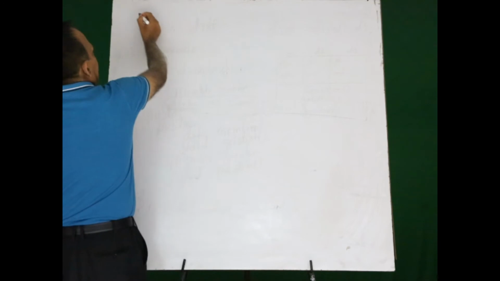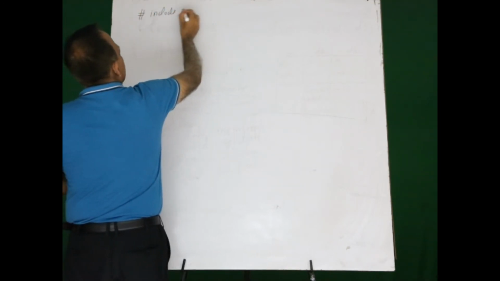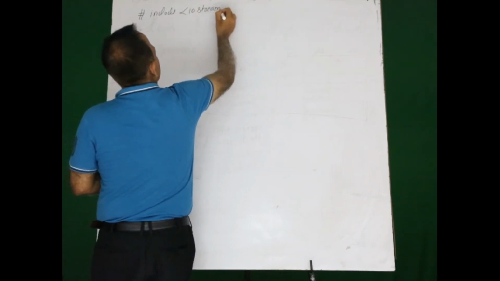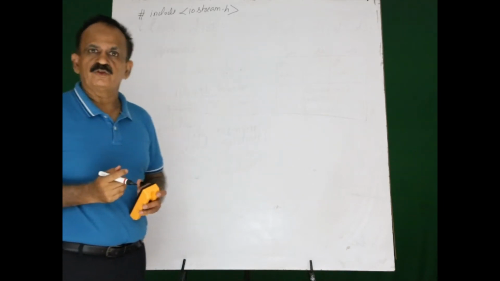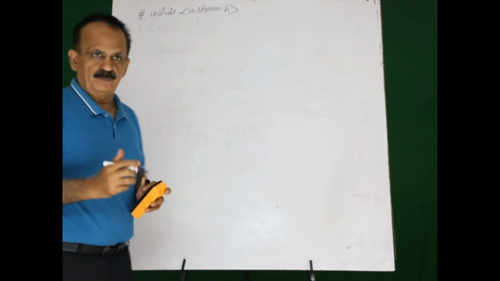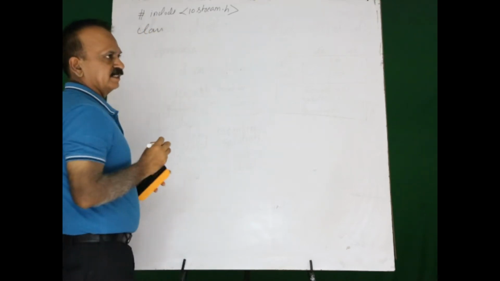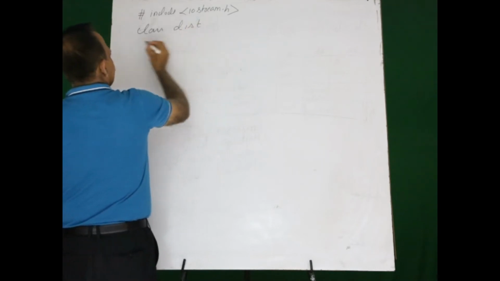Say #include <iostream.h>. I hope we understand that this is a header file which is used for input-output operations. Say the keyword is class, and the class name as I used is distance.